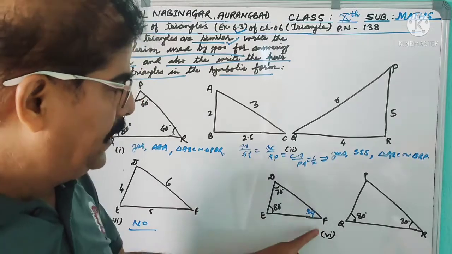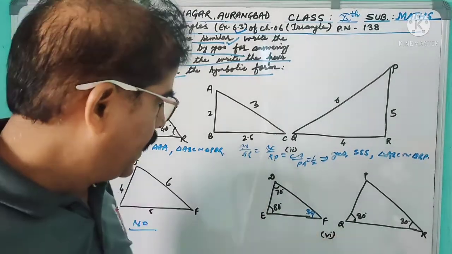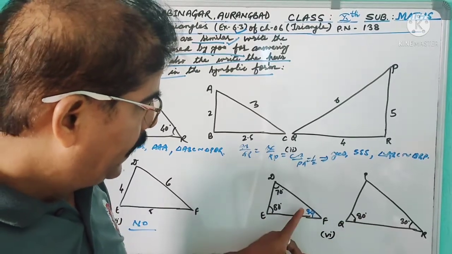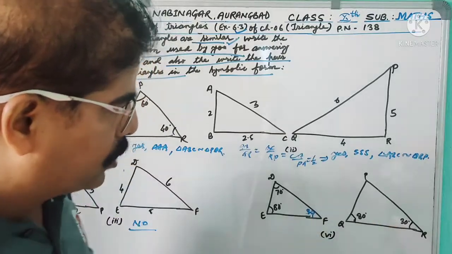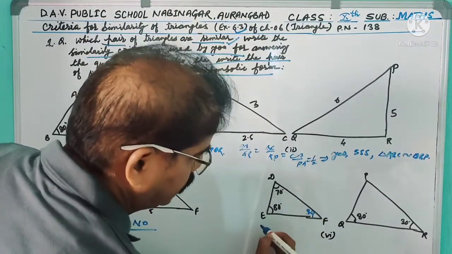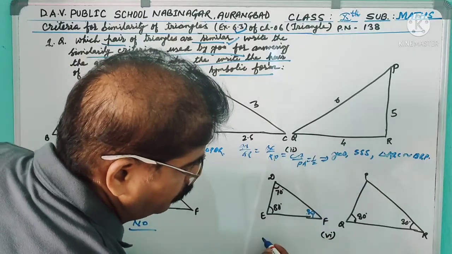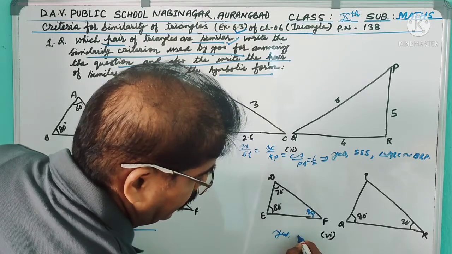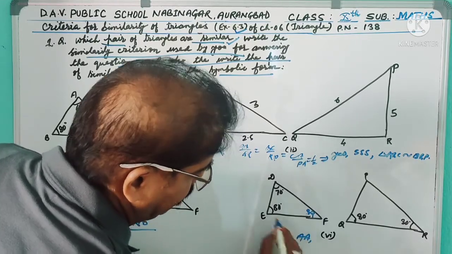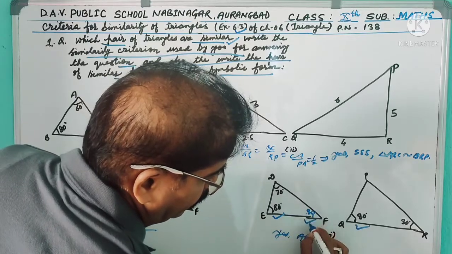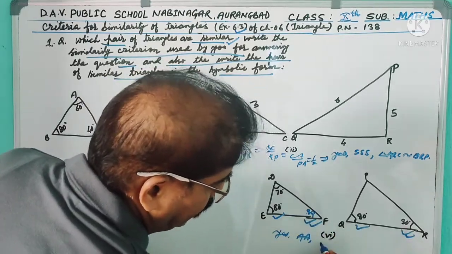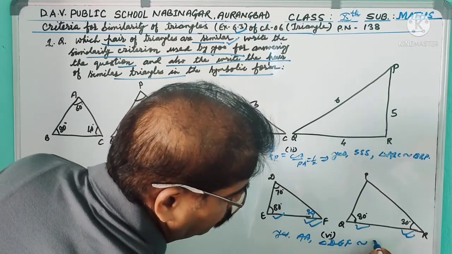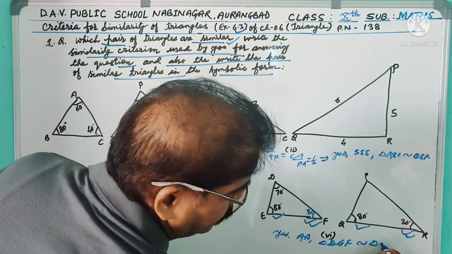In triangle DEF and triangle PQR, E equal to 80 degrees, Q equal to also 80 degrees, F equal to 30 degrees, R equal to also 30 degrees. So triangle DEF similar to triangle PQR. Yes, which criteria? The angle criteria. And write the symbolic form: triangle DEF similar to triangle PQR.